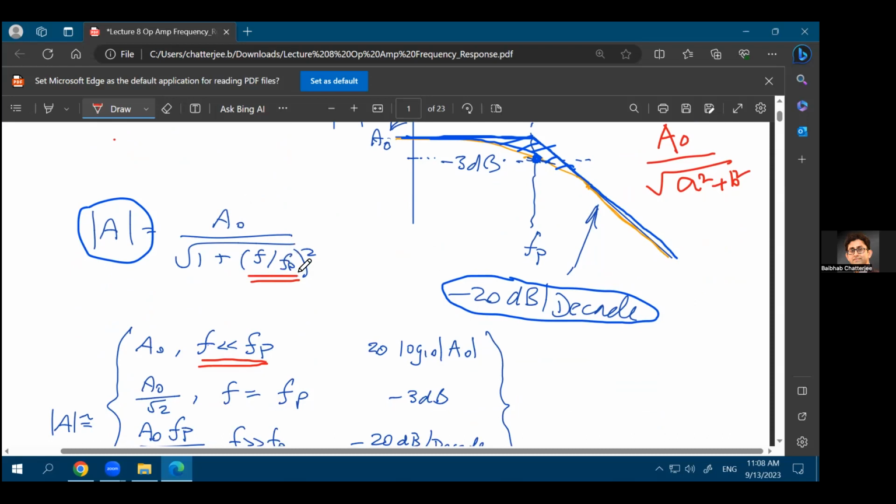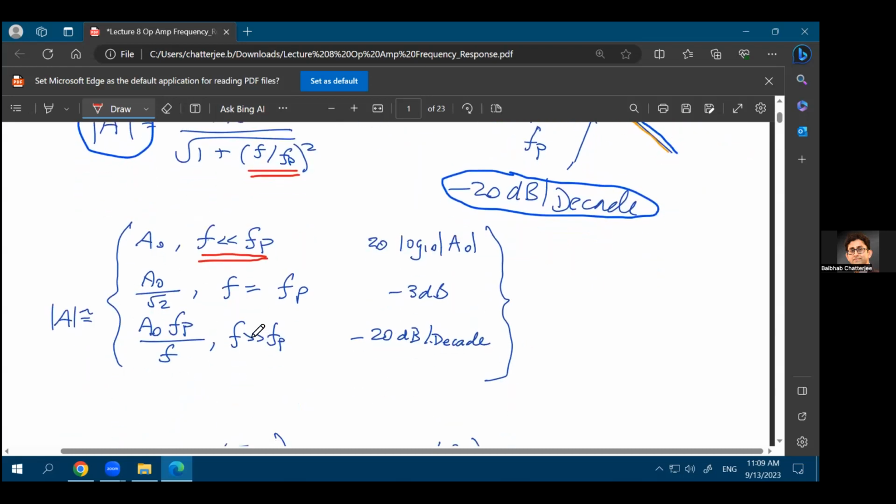Square of that will be 0.01. Right? Square of 0.1 is 0.01. So you add 1 plus 0.01 and take the square root of that. So effectively, you have a denominator which is equal to 1. So the value of the transfer function will be A0 if your F is much smaller than Fp.